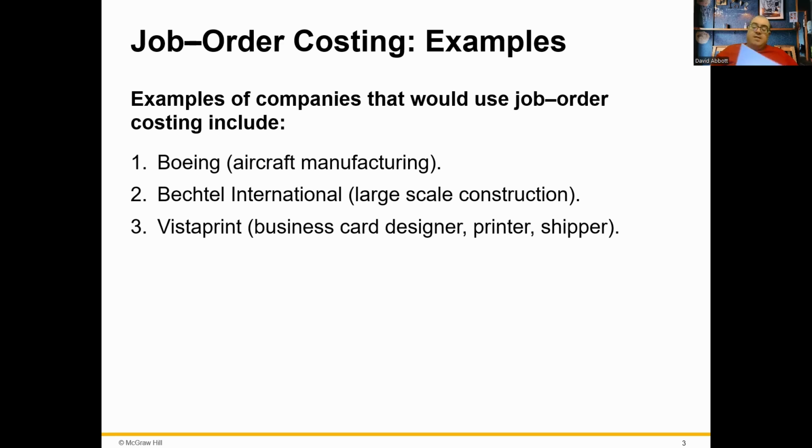So again, examples of companies that would use job order costing include aircraft manufacturers, large-scale construction companies, and then also companies that produce business cards, or any kind of a company.